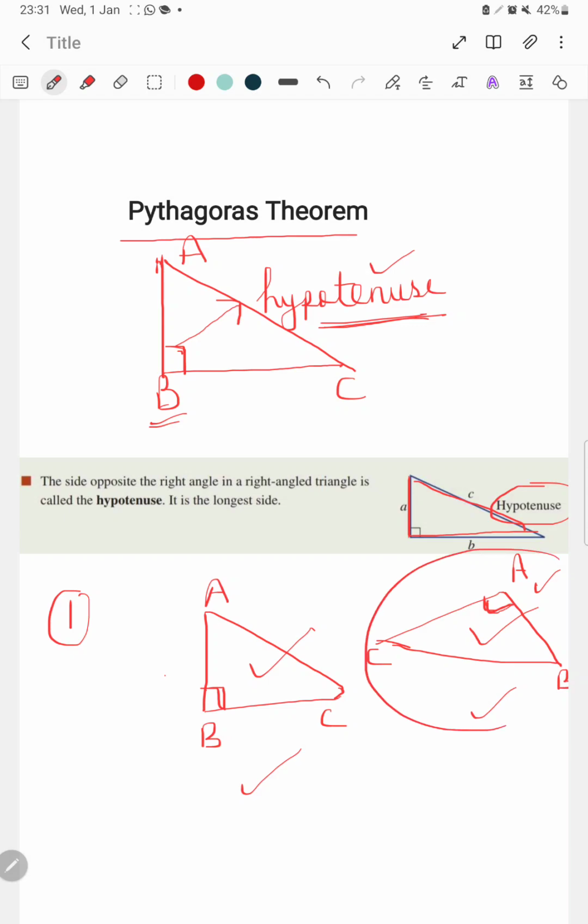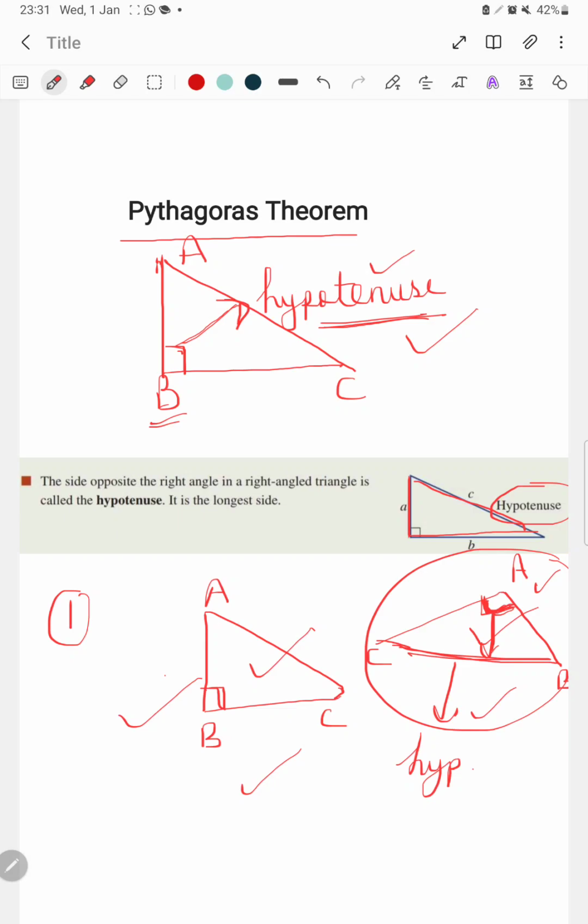If I consider this triangle, here is the 90 degree angle, so the side opposite to it, which is this side BC, or you can say CB, is known as the hypotenuse.